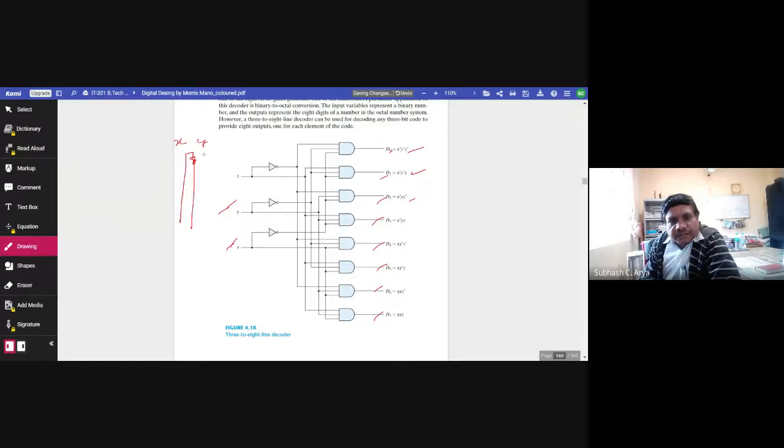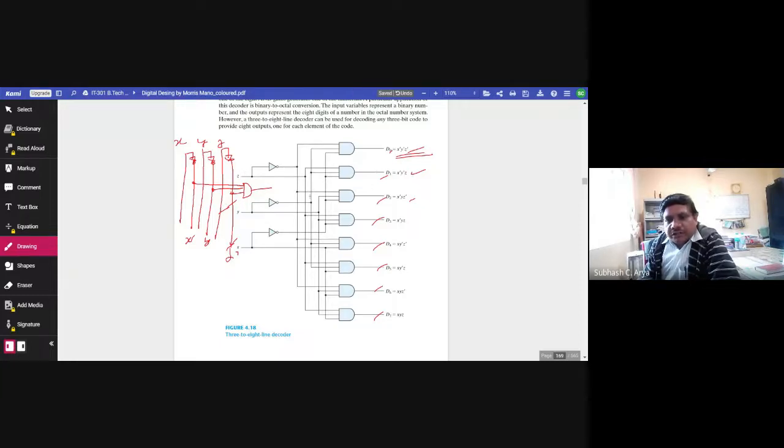Then y, and this will be y bar, and here z, and another one will be z bar. So x bar, y bar, z bar. If I want to take this one, this is simple. Suppose I want to implement the first one, so I take this AND gate and put x bar, y bar, z bar.